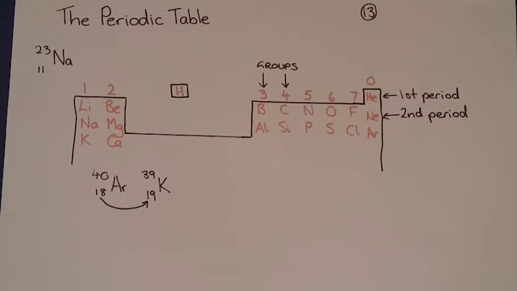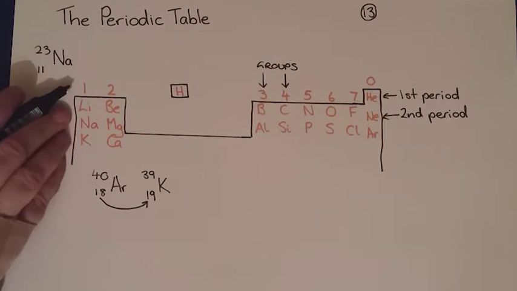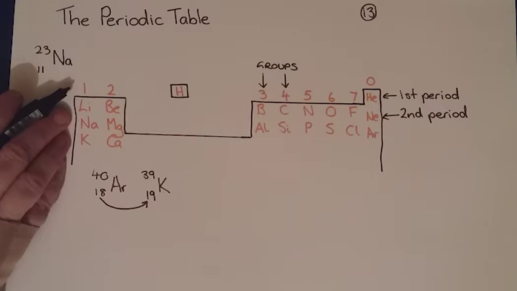If you're trying to work out what period an element is in, it's always wise to count your periods using the right-hand side, because if you look at the left-hand side, there isn't an element on the hydrogen-helium row, so you'll end up with a period number that is one less than it should be.